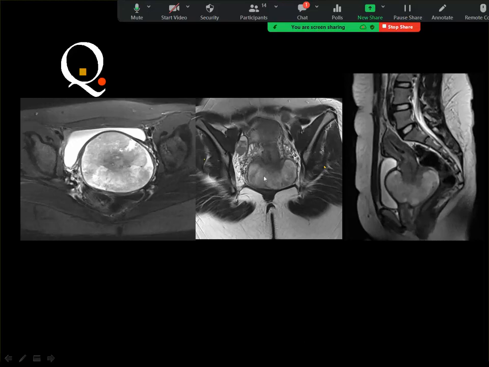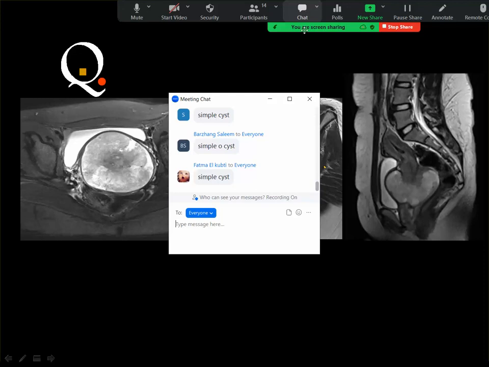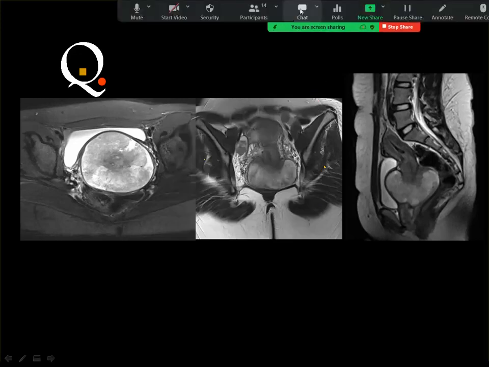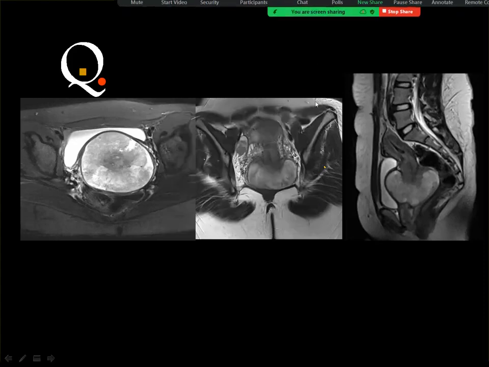axial T2, coronal T1, and sagittal T2. Yes, right answer. Then this is ovarian cancer.